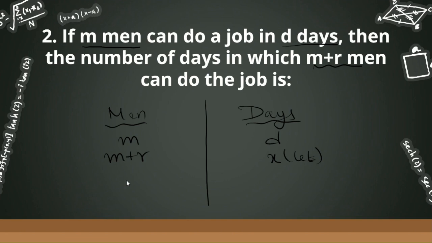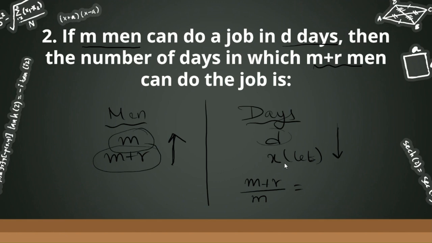Here the simple logic behind this is if the number of men increases, the number of days decreases. So what happens here is if the arrow is upwards, then we take m plus r starting from here. We start from here, take this as the numerator and divide this and take this as the denominator. So this becomes m plus r by m equals, now here the arrow is downwards, so the back of the arrow starts from d.